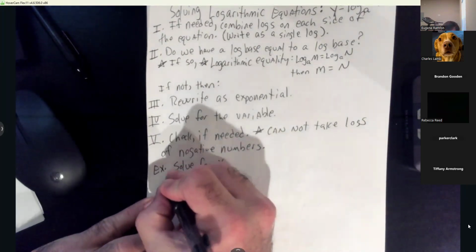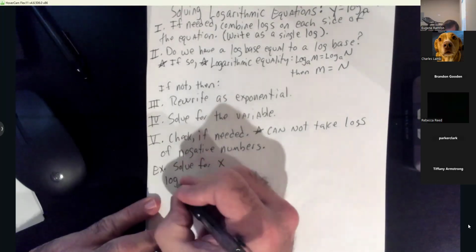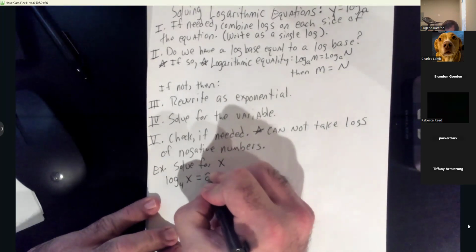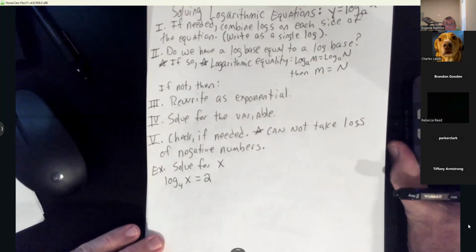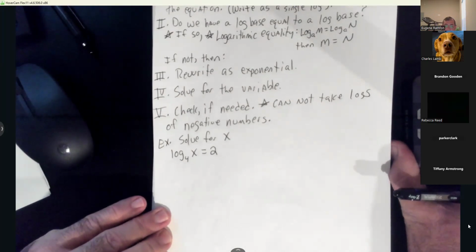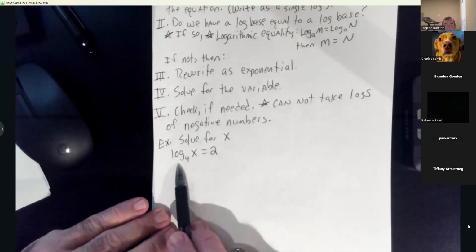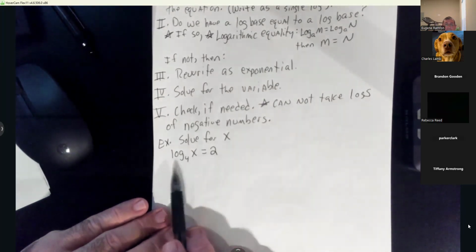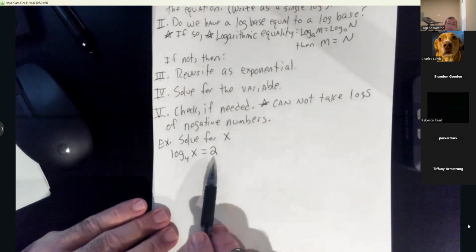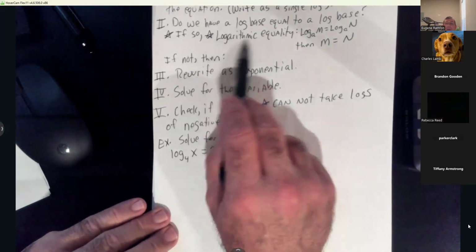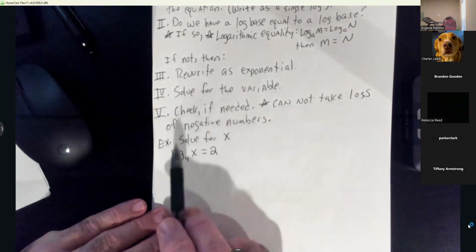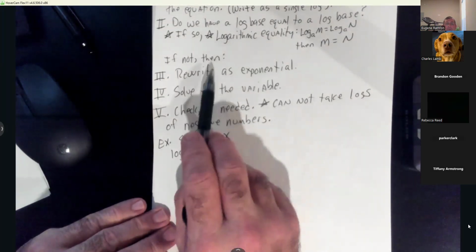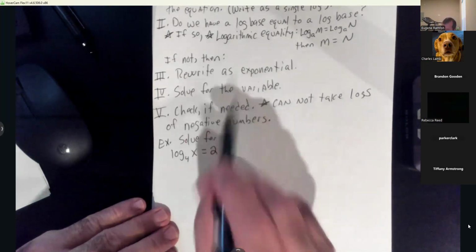So y'all, the first one has log base 4 of x equals 2. So on this one, notice, I've already got a single log over here, so there's no logs that I can combine on each side. So I don't have a log base equal to a log base because I've only got one log on the left side. So what that means is we're going to rewrite it as exponential.